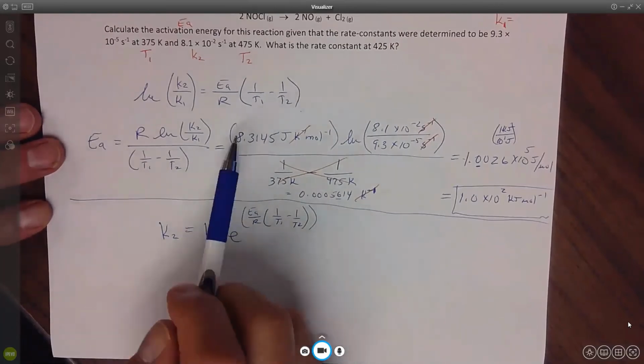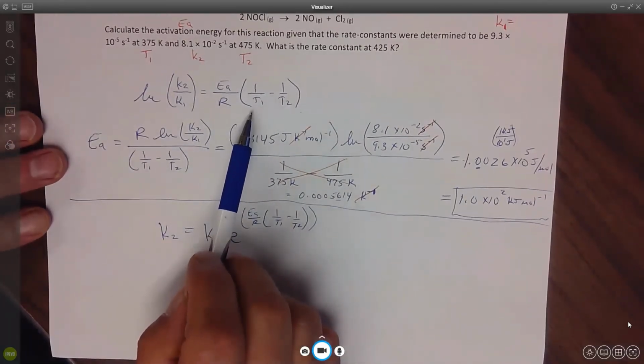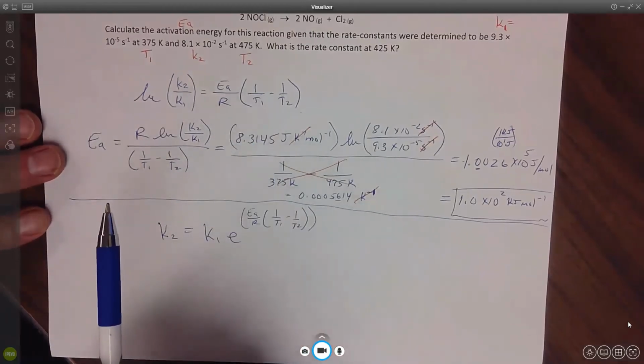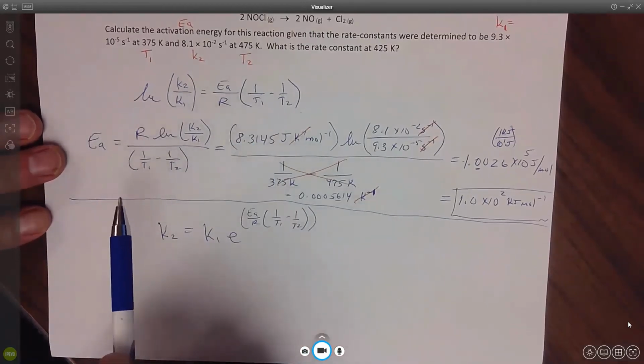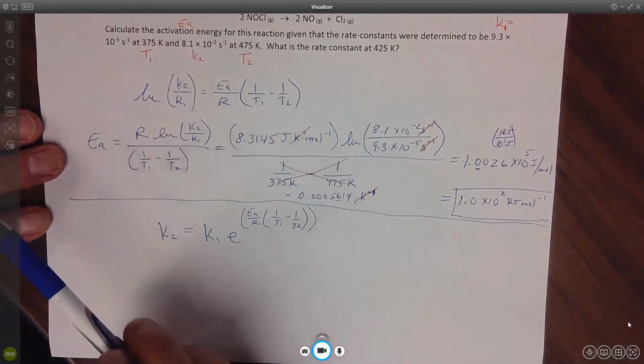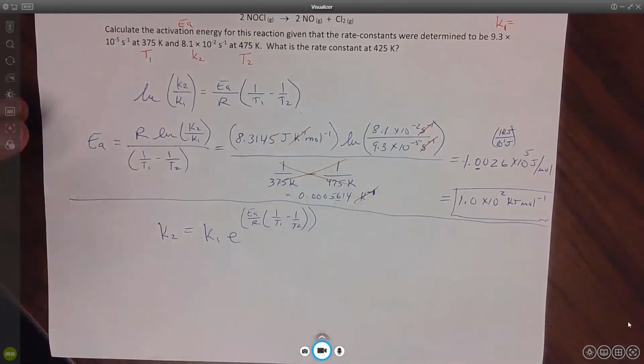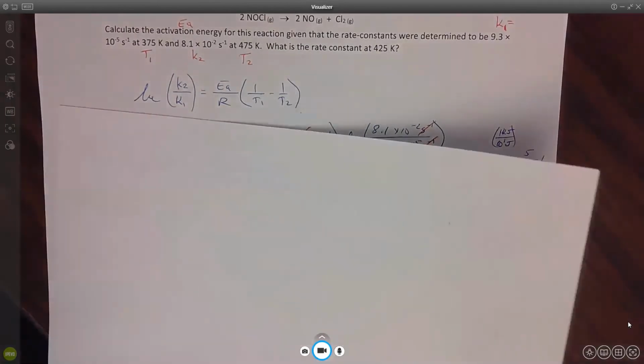Now, which variable do you think is easy to solve for if I gave you a rate constant and asked you to solve for one of these T's? T1 or T2? Think about rearranging it. T1, absolutely.